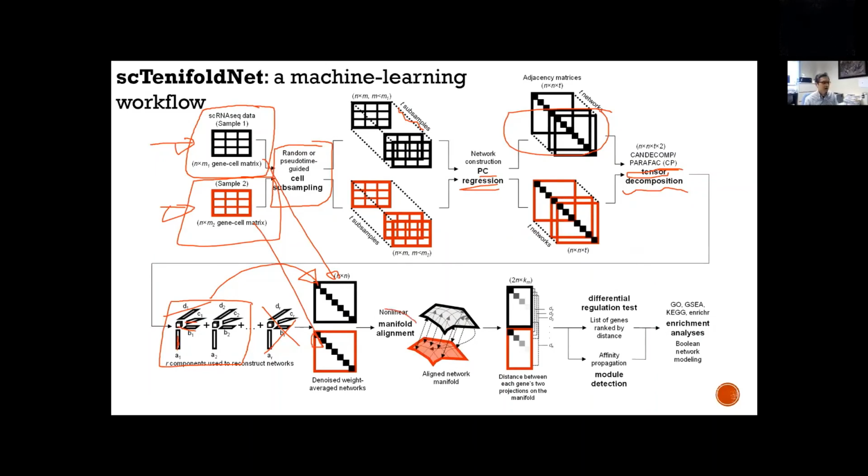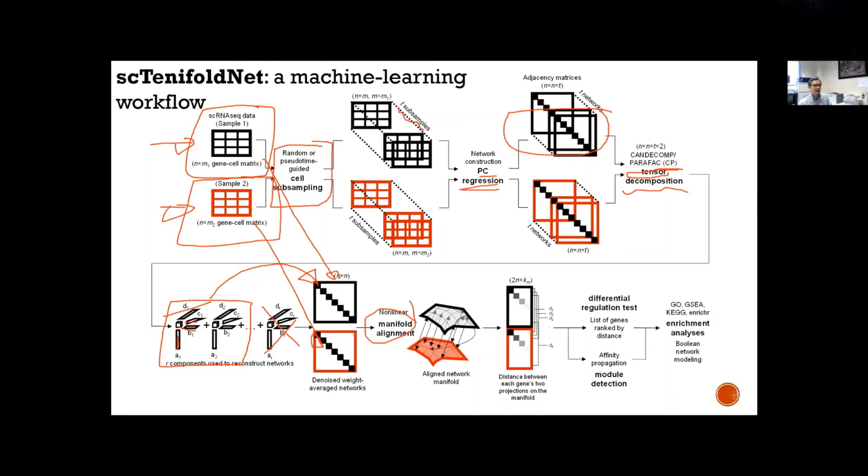Then we do something called nonlinear manifold alignment to compare these two networks. Maybe later we will mention what the manifold is. It is a data point structure, a concept in mathematics. Once that is done, you can get the genes which change their regulatory relationship with other genes in the network.